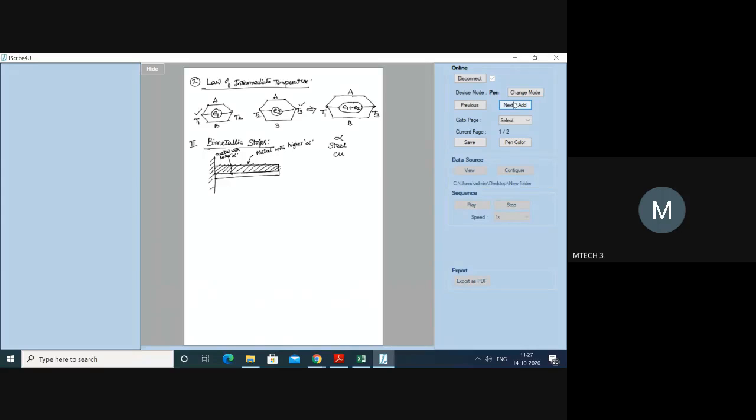Now, the bimetallic strip is basically going to be used to convert temperature change into displacement. Now just observe what is going to happen. To this, I am going to supply heat. I am going to heat this metal.